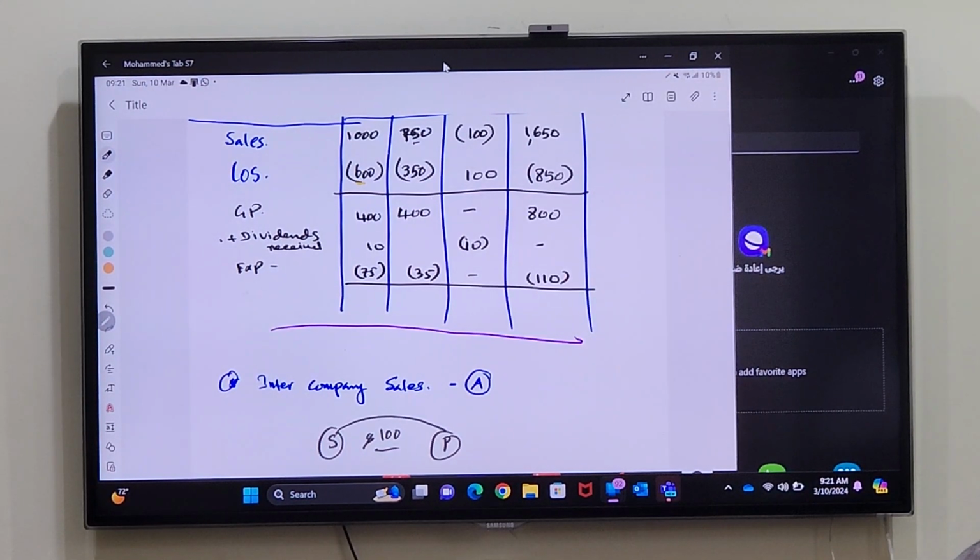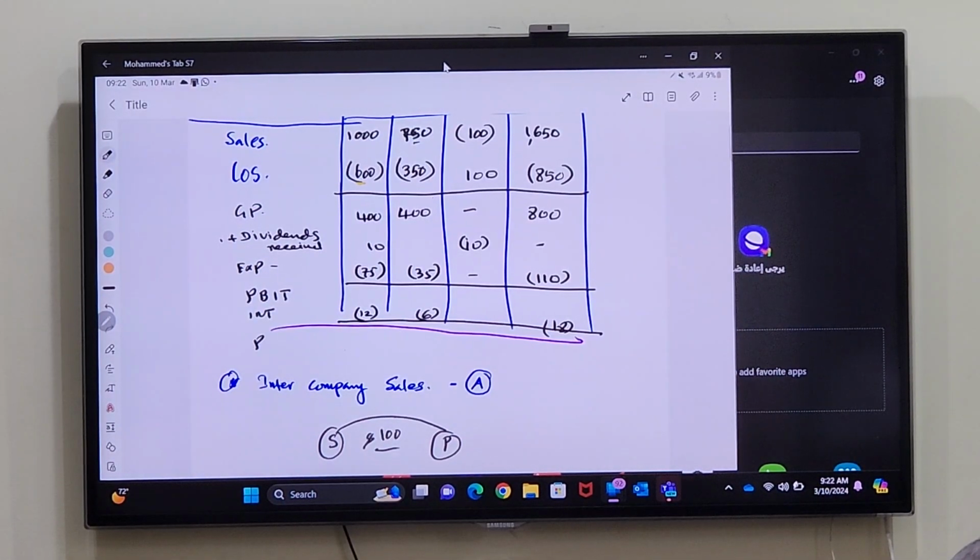Then I have profit before interest and tax. Then I will have to subtract any interest or finance cost. You can find that in the question. So you can say 12 and 6, so that is 18. That 18 will come here.